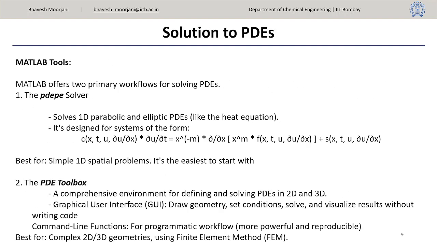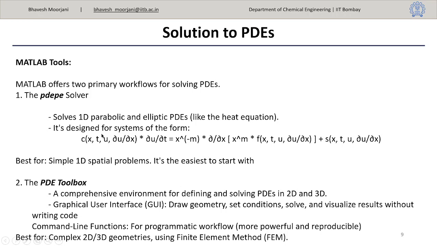There are basically two primary workflows given in Matlab. First is pdepe solver, which is a one-dimensional parabolic and elliptic partial differential equation solver, right? It involves one time derivative and one spatial derivative, right?